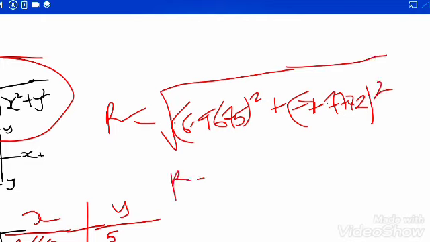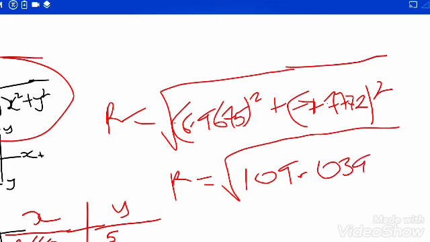So for our resultant, using your calculator, when you add up everything, you'll be getting 109.0309.